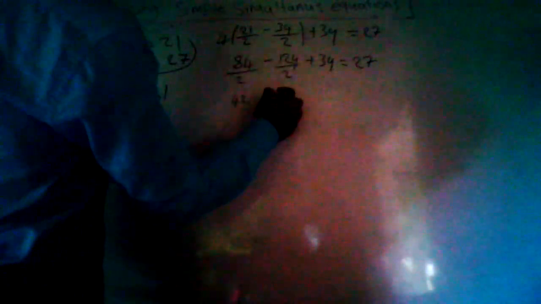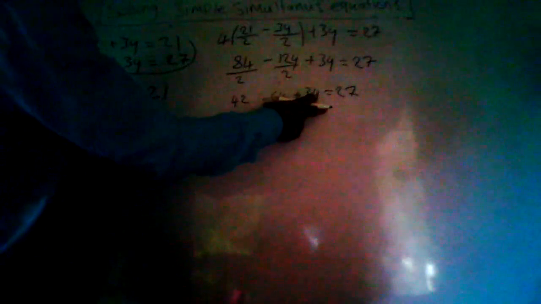So 84 divided by 2 will be 42. And negative 12y divided by 2 will be negative 6y plus 3y equal 27.